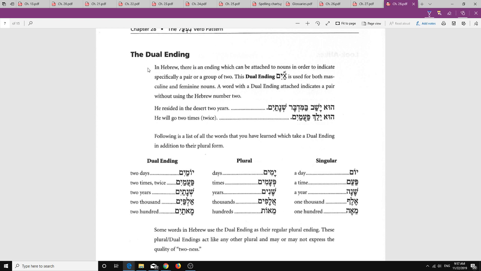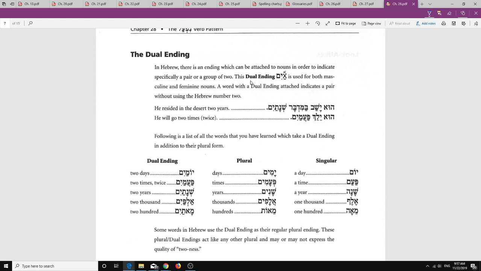Singular is just a regular ending. Plural is either the im masculine plural ending or the ot feminine plural ending. There's also a dual ending, if you remember, which is aim. It's used for both masculine and feminine.